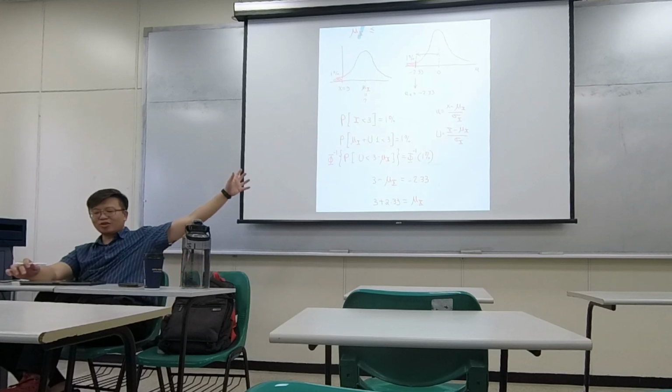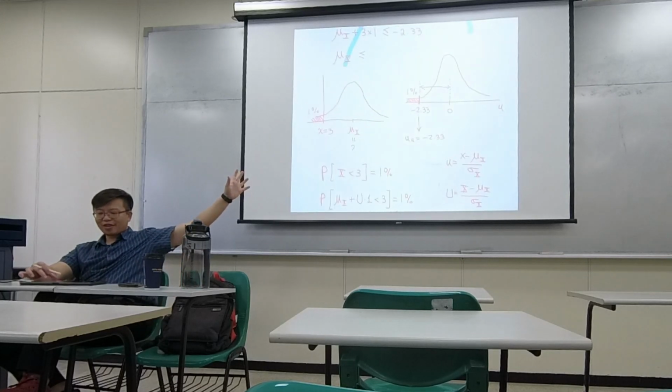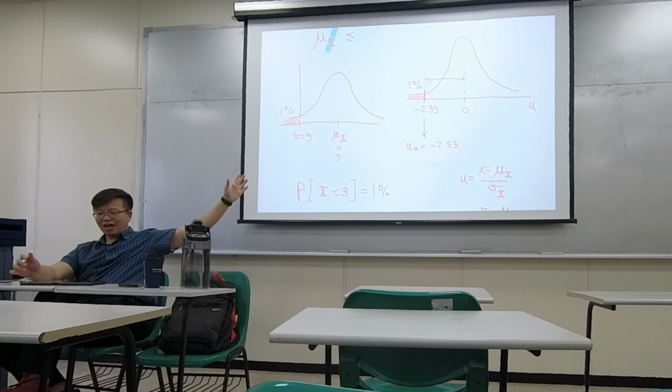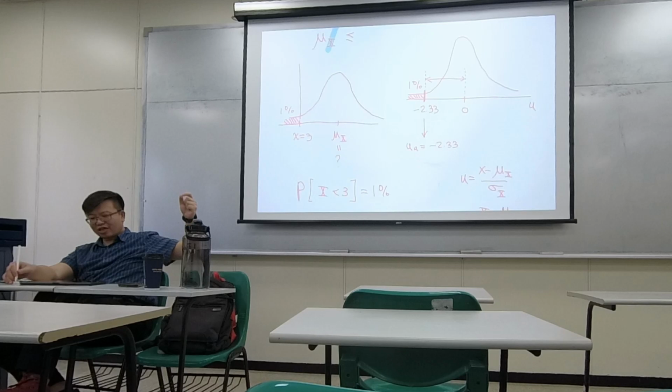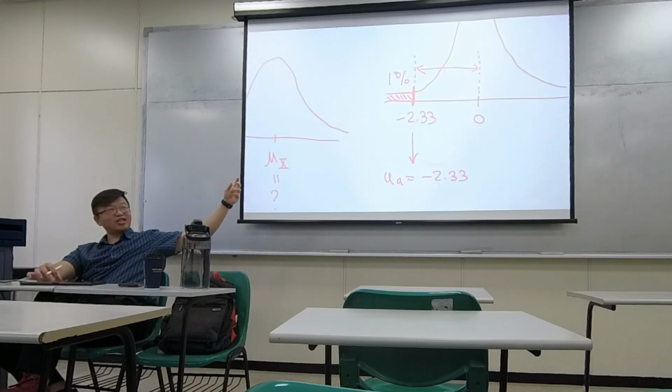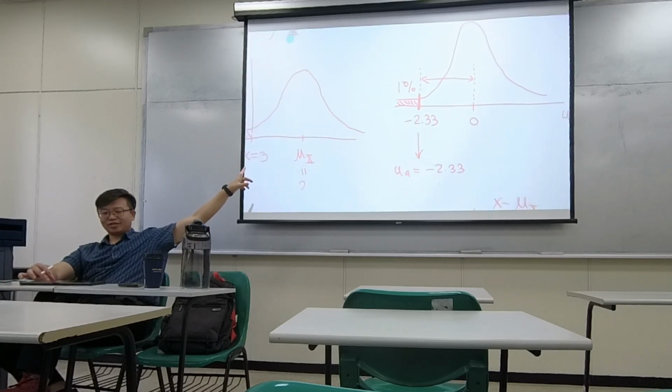So think about it. In the standard normal space on the right-hand side, I want to keep a distance of negative 2.33, so this left tail becomes 1%.